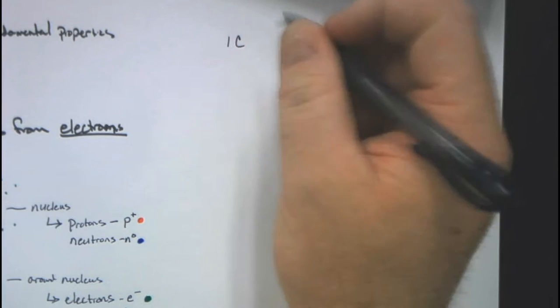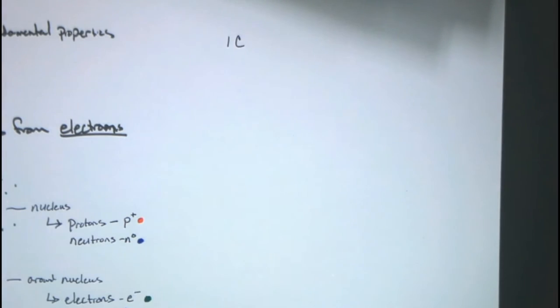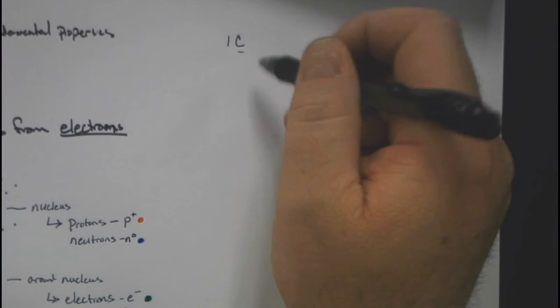We defined this basic unit of a coulomb as sort of an arbitrary amount. And it is from this unit of a coulomb that we're going to see other units come out, and we're going to be dealing with things in terms of coulombs.